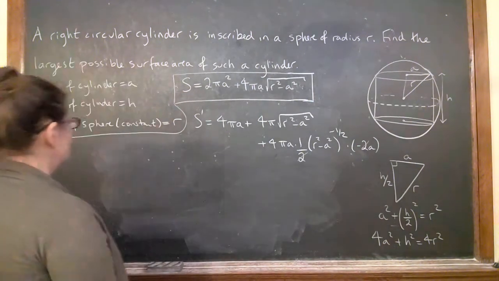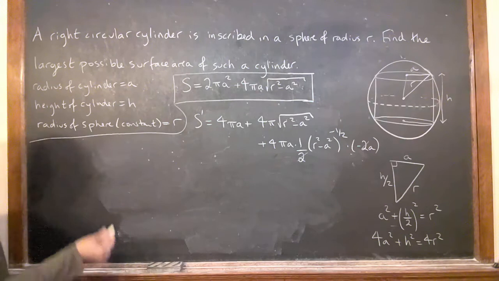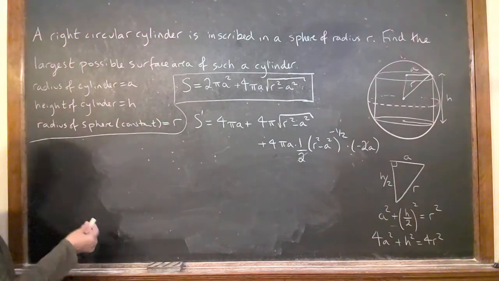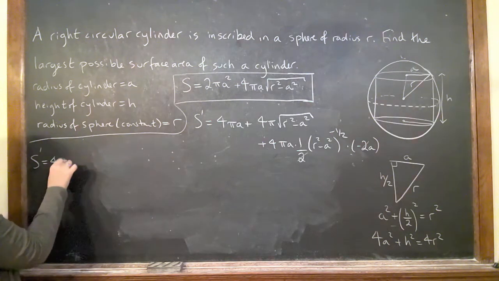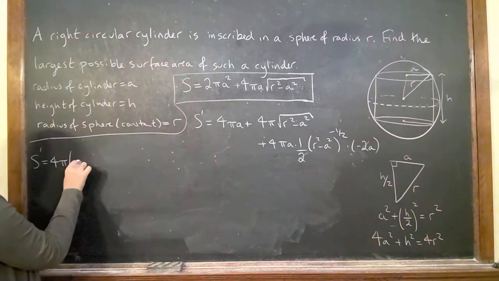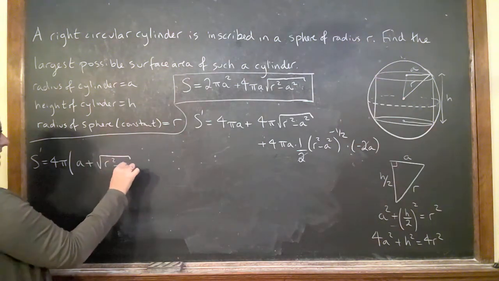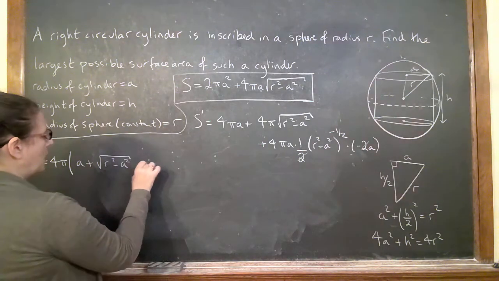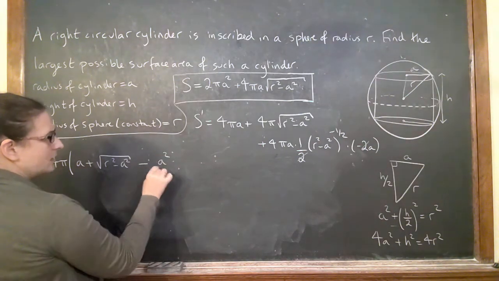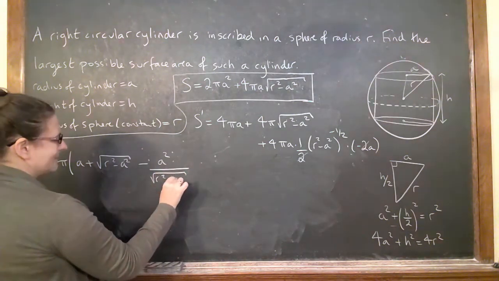Okay, so let me put it over here. I might as well use this space. Everything seems like it's got a 4 pi in it. Pull that out. I've got a plus square root of r squared minus a squared minus a squared over the square root of r squared minus a squared.